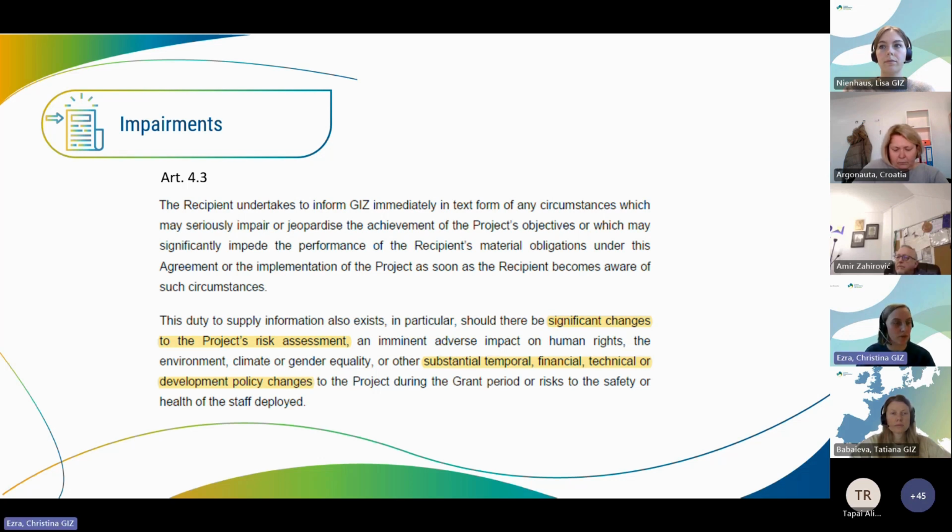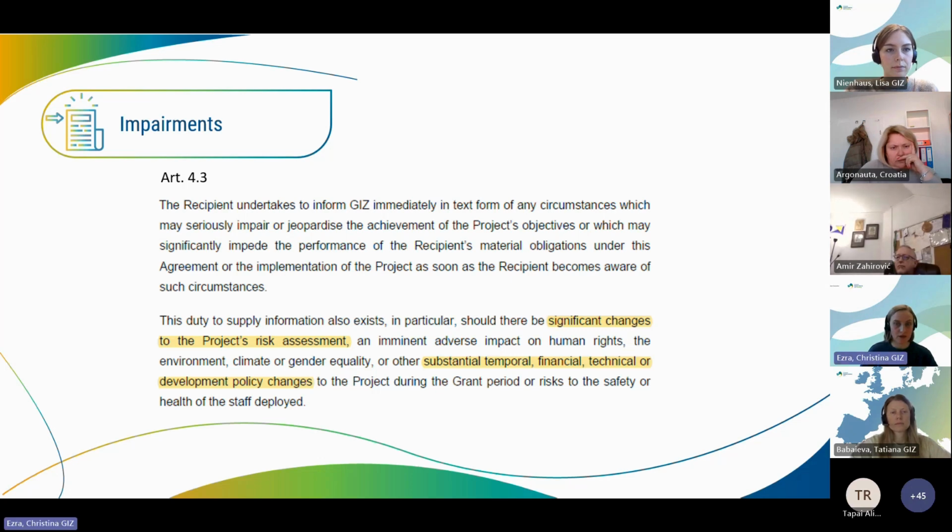So this is also more or less a standard article. In case there are significant changes to your project's risk assessment or substantial financial or technical changes, please let us know immediately so we can decide together how to proceed.